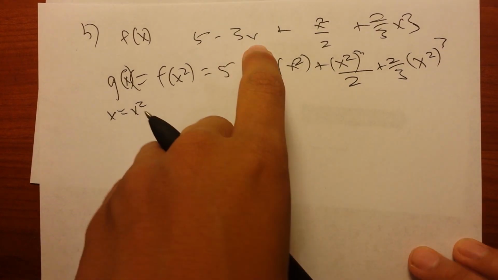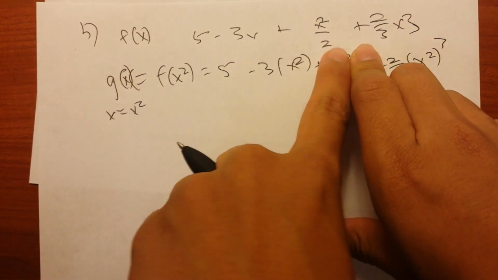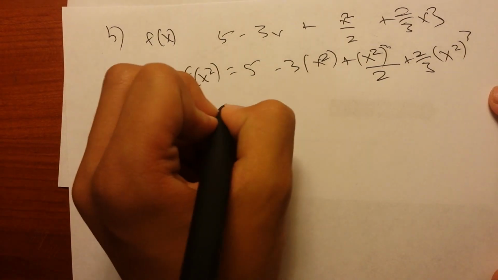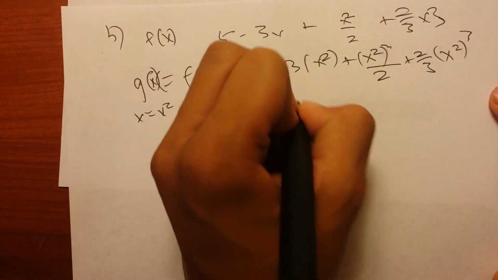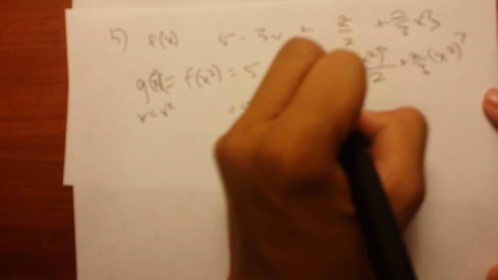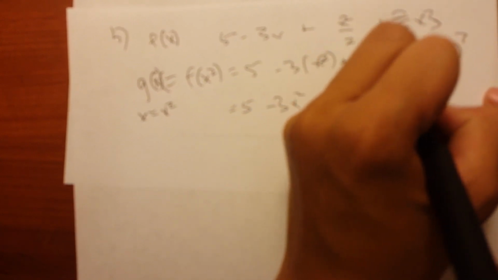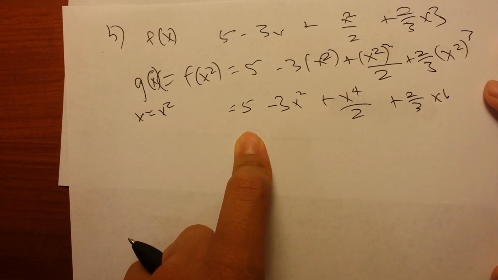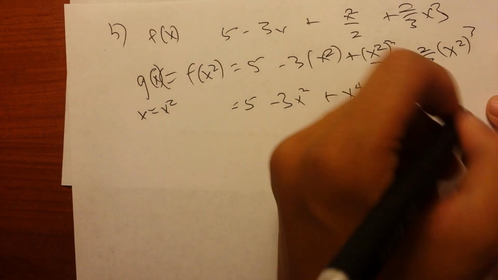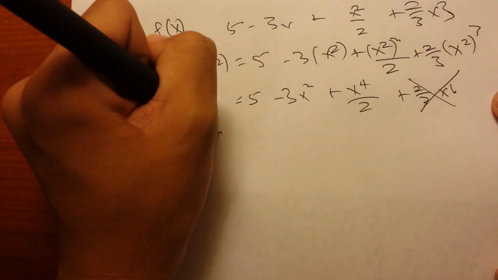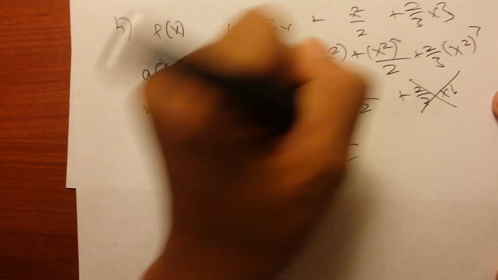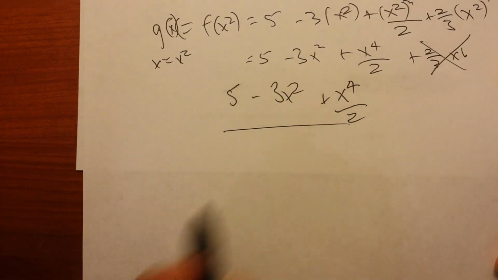So what we just did is, wherever there's an x, we substitute x equals x squared, and this is equal to 5 minus 3x squared plus x to the 4th over 2 plus 2/3 x to the 6th. Because part B asks us to write the fourth degree Taylor polynomial, we can ignore this last part. So this is going to be 5 minus 3x squared plus x to the 4th over 2. And this is our answer for part B.